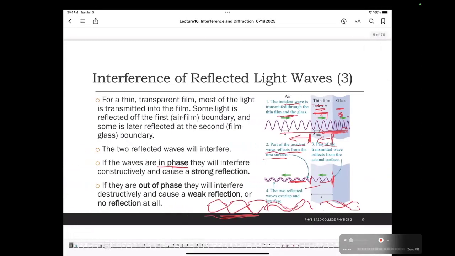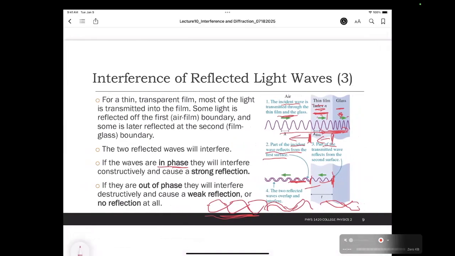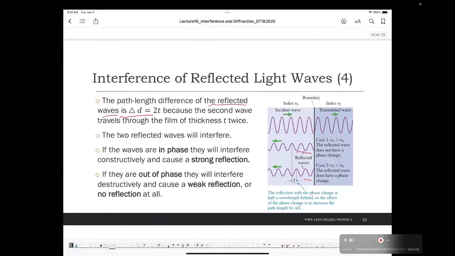You can see here T is the thickness of this thin film, which means the path length difference of the reflected waves is 2T.